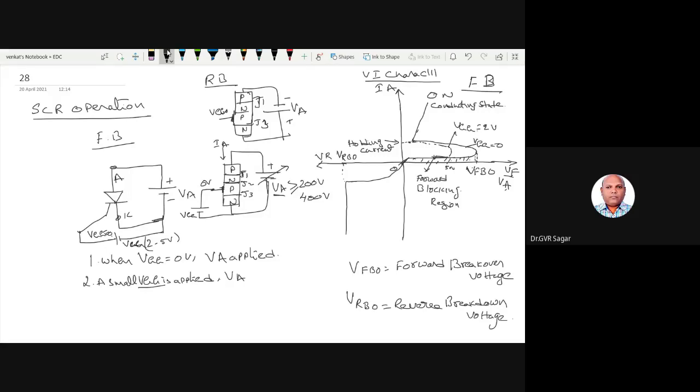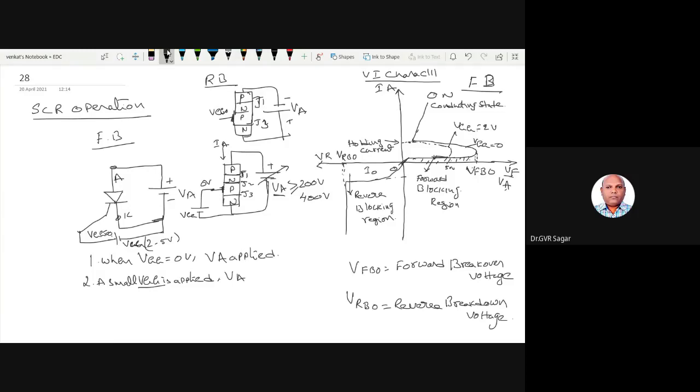So it is the maximum reverse voltage applied on the SCR, the maximum voltage at which the SCR breaks down, and the region is called the reverse blocking region. The current is called the reverse leakage current.